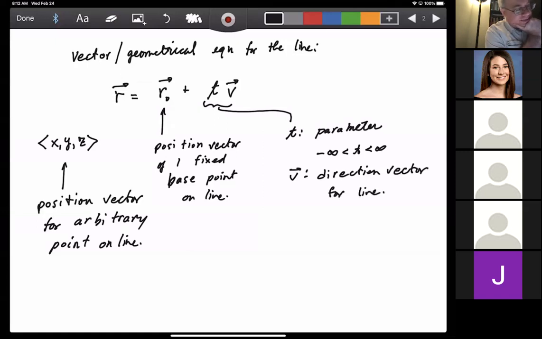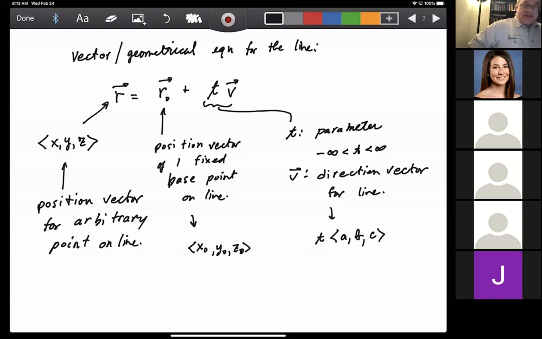Right, so this R0, think of it as X sub 0, Y sub 0, Z sub 0, just the coordinates of some point which we know is on the line. And then TV, think of T times ABC, just some vector.